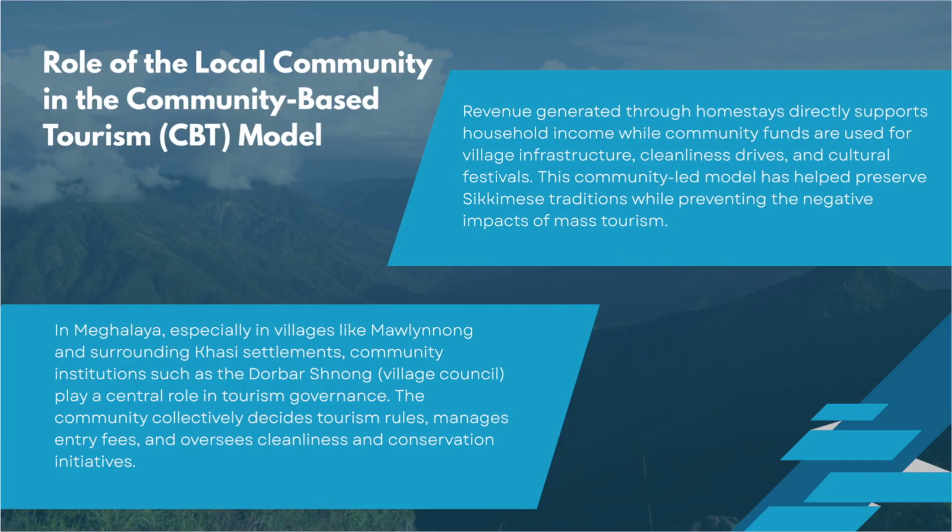In Meghalaya, especially in villages like Mawlynnong and surrounding Khasi settlements, community institutions such as the Dorbar Shnong, that is the village council, play a central role in tourism governance. The community collectively decides tourism rules, manages entry fees, and oversees cleanliness and conservation initiatives.